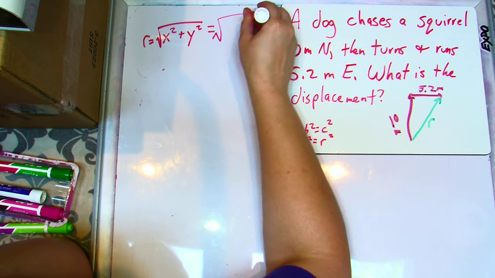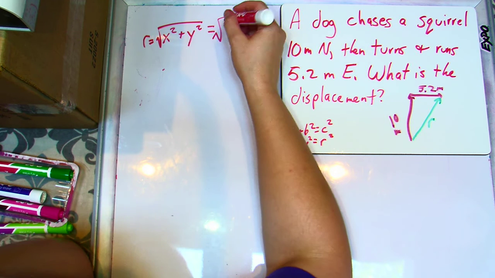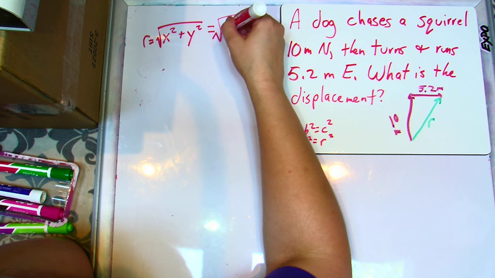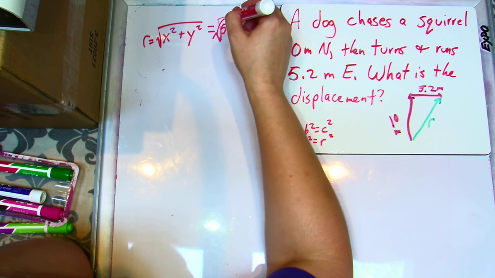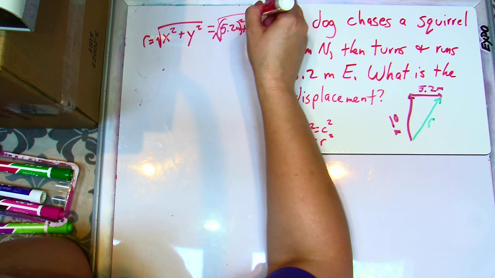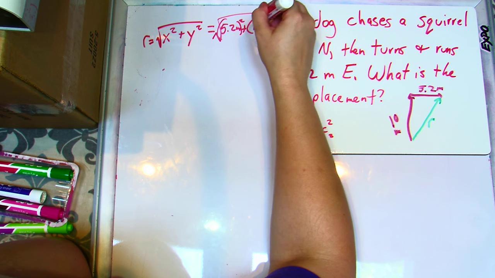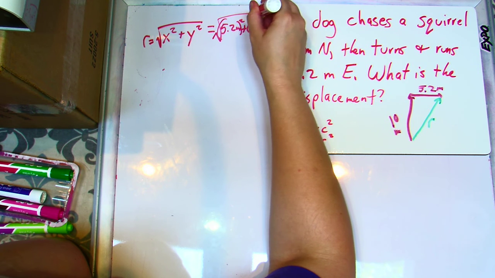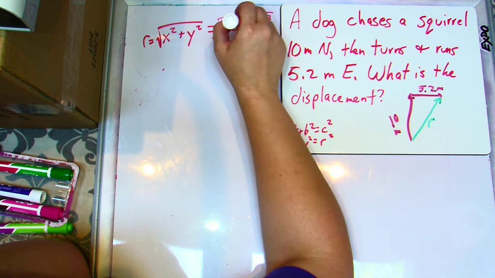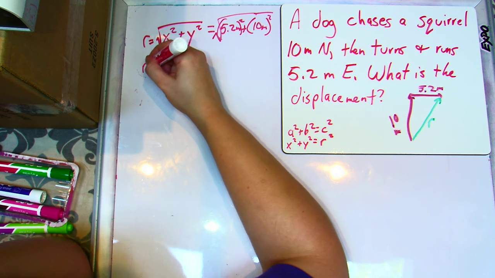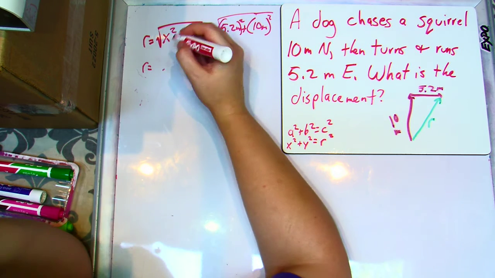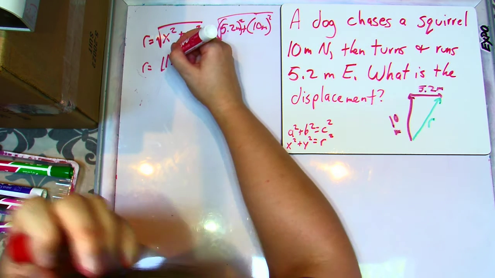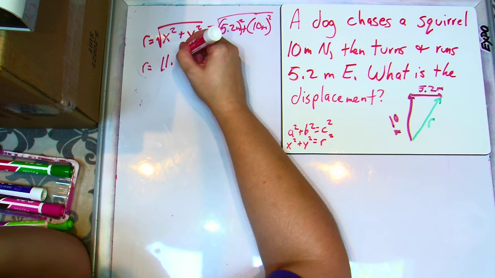So the square root of, let's see, we have x is 5.2 meters, squared, plus 10 meters, and we square that, and we end up with 11.3 meters.